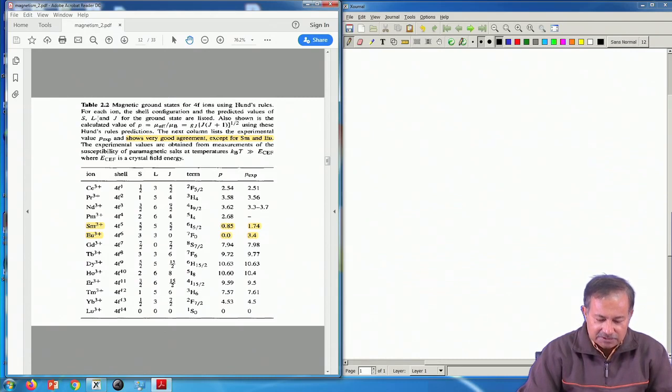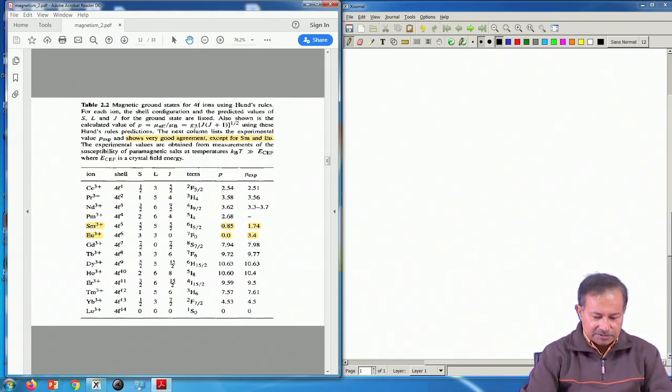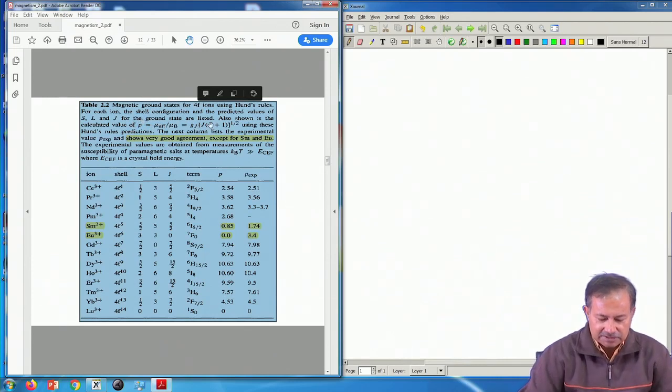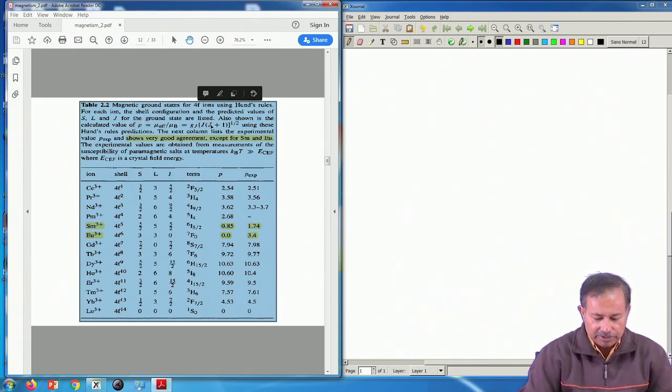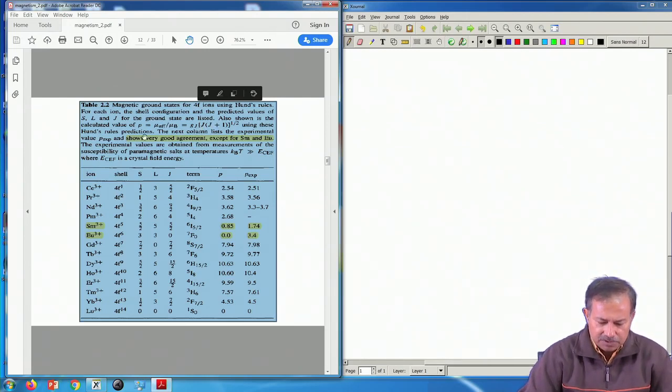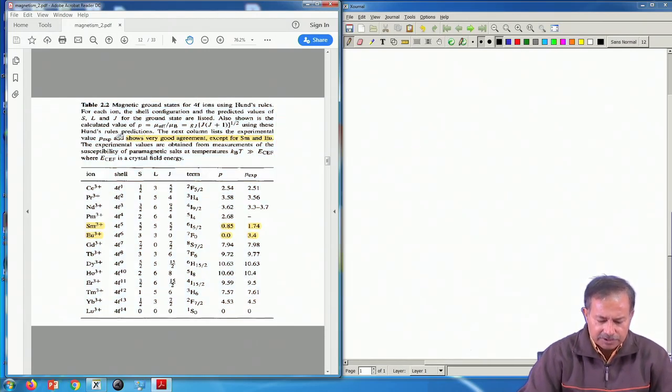The additional thing is the calculated value of something called mu effective by mu B, which has this form g_J into J plus 1 to the power half. This will come from a calculation which we will do next. So, just take this as an effective value of the moment that is sitting in that ion or the atom from the Hund's rule predictions.